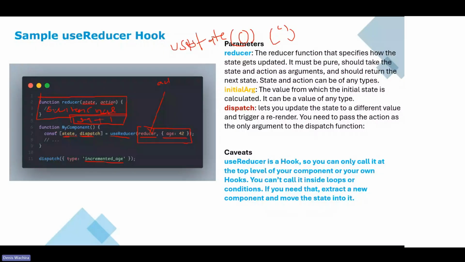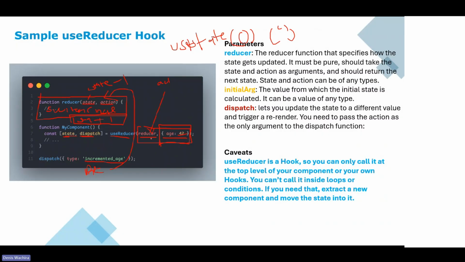If you have another switch case, maybe you want to dispatch a decrement. The decrement will come to the function, and this function will check the case that has a decrement. For the decrement, we take the same state and subtract 1. Then, of course, the second argument in useReducer is your initial value or the start point of your state. It must start from somewhere, like the age for this is 42.